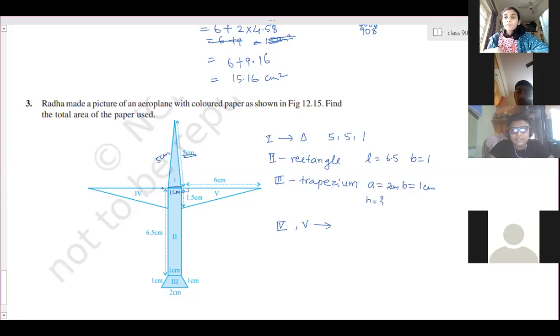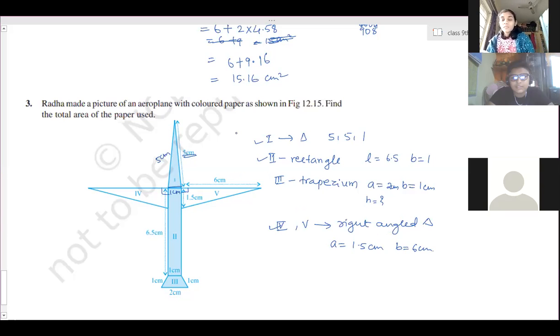So this is 90, this will be 90. In that one, the area is 1.5 and the base is 6 centimeter. Ma'am, how is it a right angle? It is a straight line, so it has to be a right triangle. That is our consideration, practically.